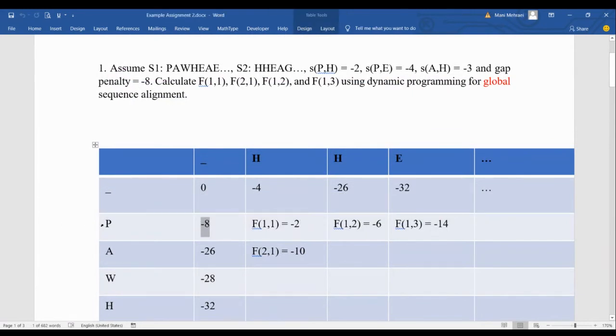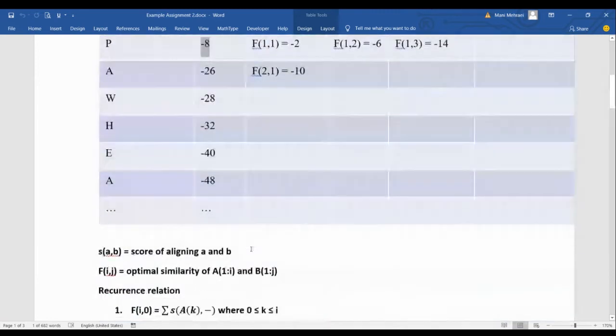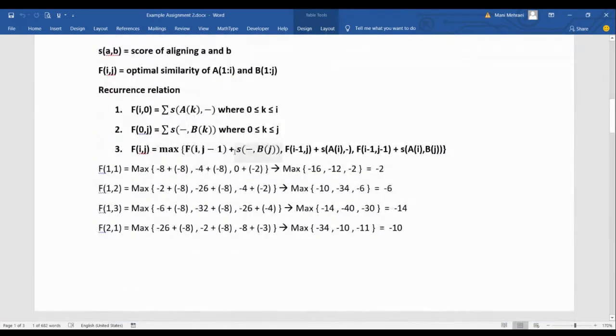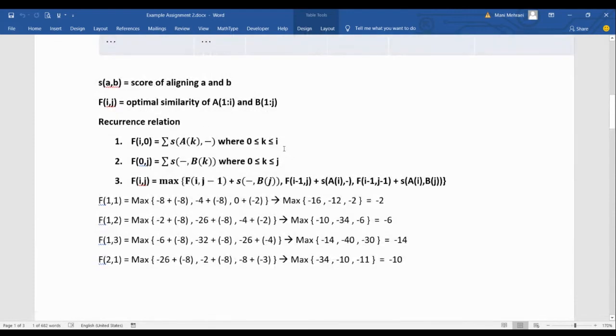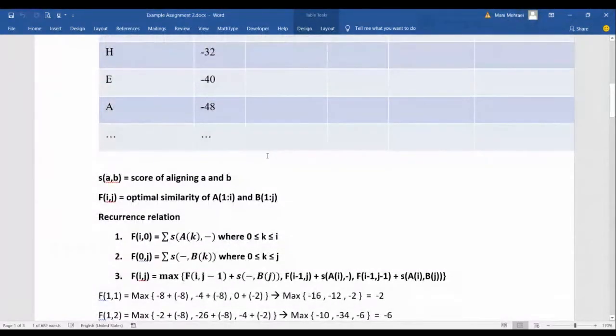This is position 0, this is position 1, and the column 0. So 1, 0, this is -8. Plus, this one is the scoring of the gap with the letter. In that scenario, you know that this one should be penalized as -8.